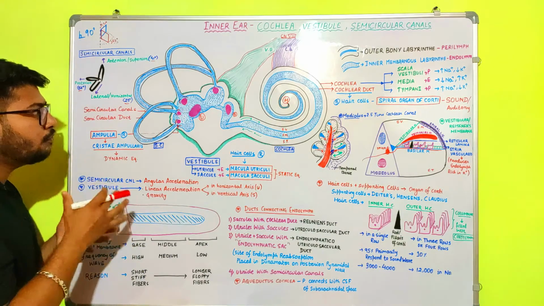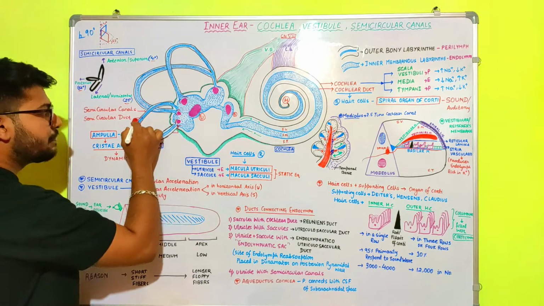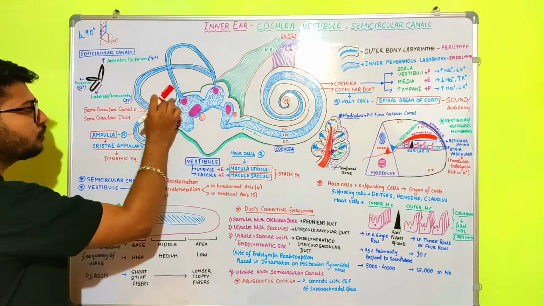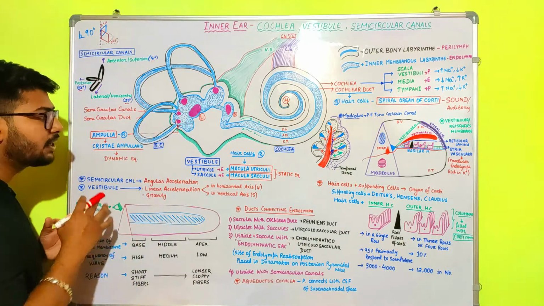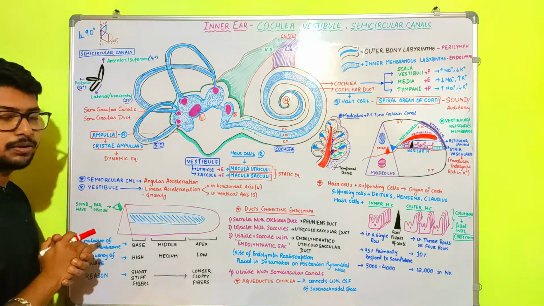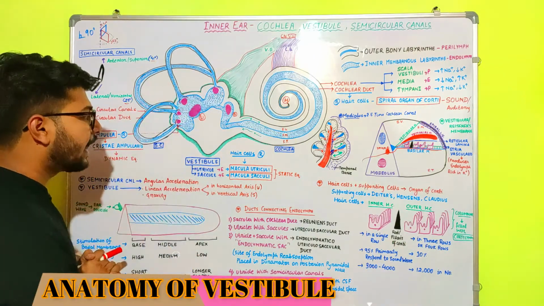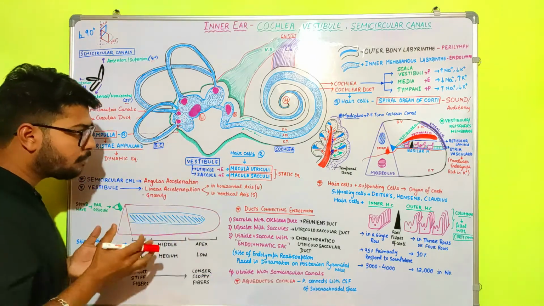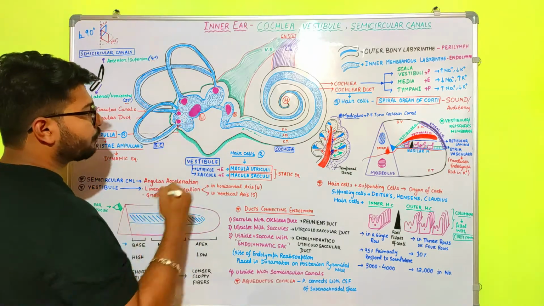Next, what do we have inside that semicircular canal? We have the semicircular duct. The blue tubular structure that you can see inside these black marked tubules is known as the semicircular duct. What is their function? We will know after some time. Moving to the next structure, we have the vestibule. The vestibule is made up of two structures, the utricle and the saccule.